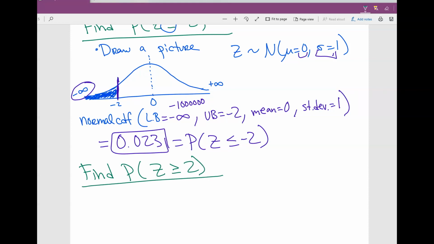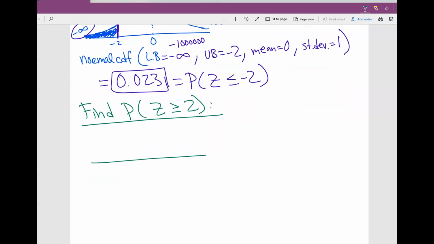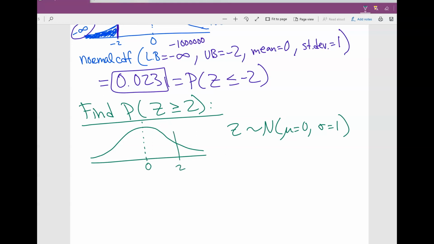Okay, so what would that be? Well, what you want to do is draw a normal curve. Remember that z is normally distributed with a mean of 0 and a sigma of 1. So my mean is going to be at 0. 2 is going to be over here.